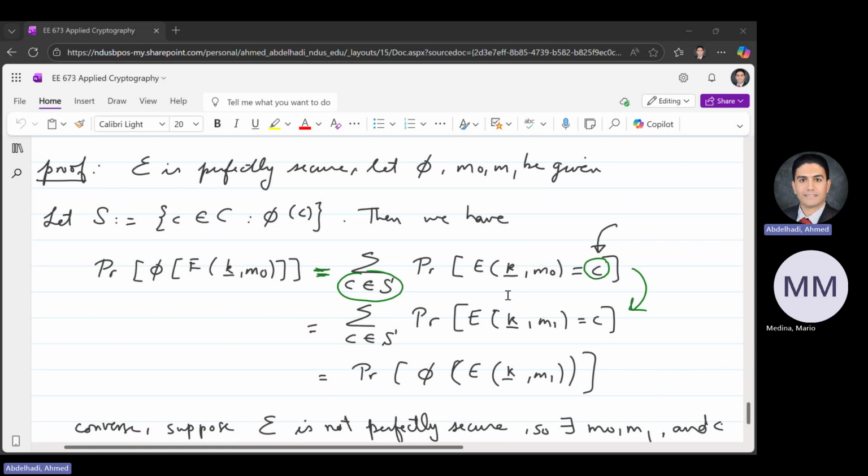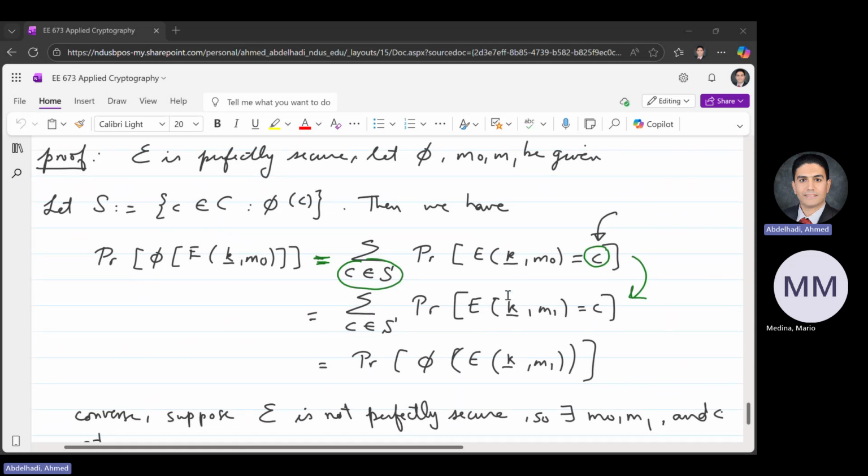This is a common way of doing proofs in probability, where you add the realization and sum over all realizations. When you say this is equal to c, then you give it a value, but c is summed over all values, so this actually sums up to the probability itself. And then because it's perfectly secure, you can substitute M0 with M1 in the probability.